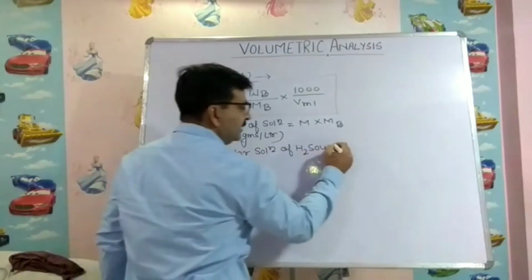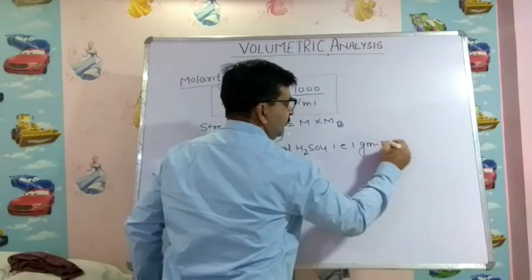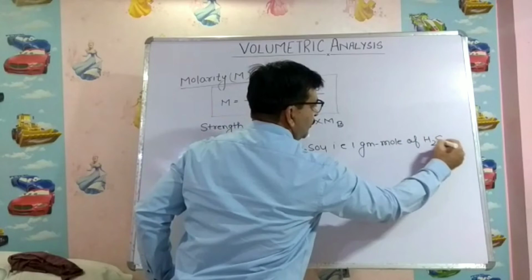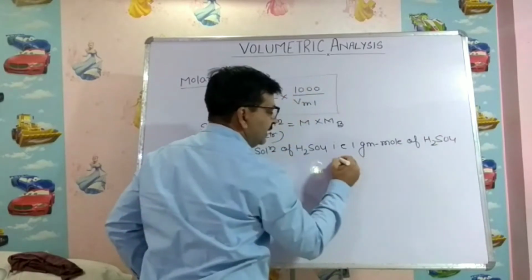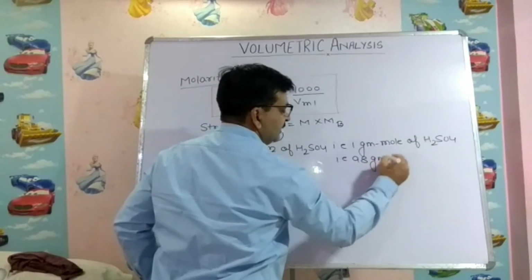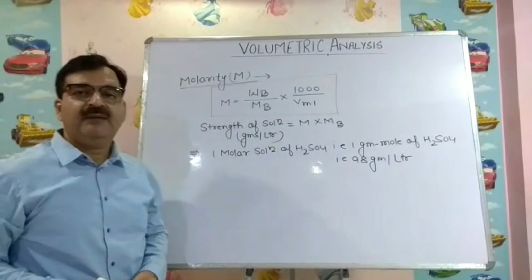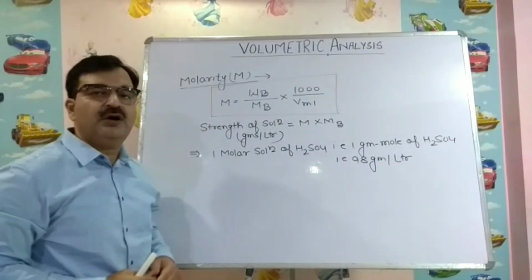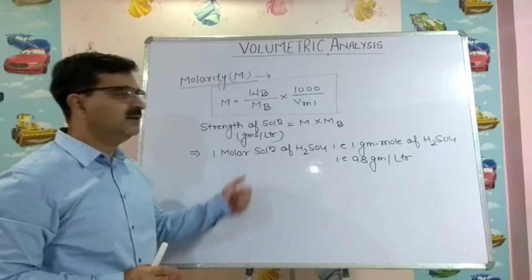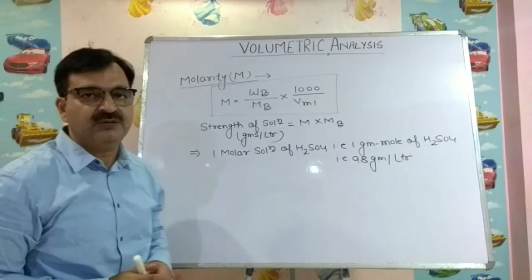That is 1 gram mole of H2SO4, that is 98 grams dissolved per liter. So if we have a 1 molar solution of H2SO4, we come to know that there is 98 grams of H2SO4 dissolved per liter of solution.